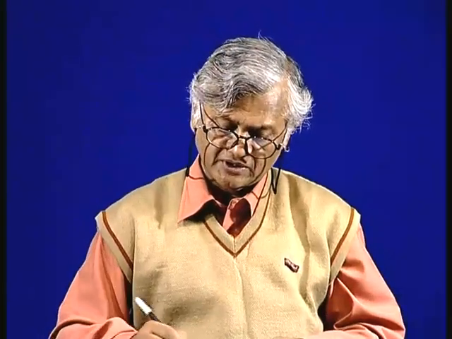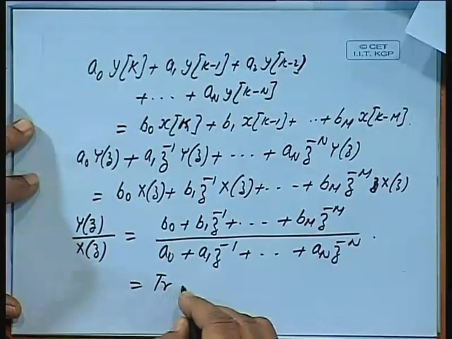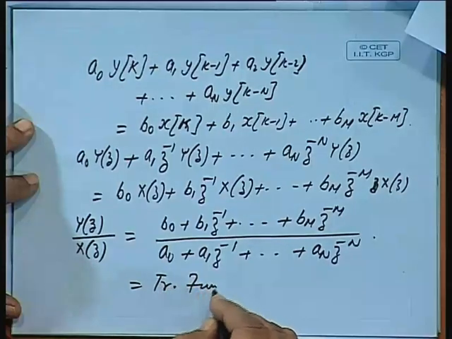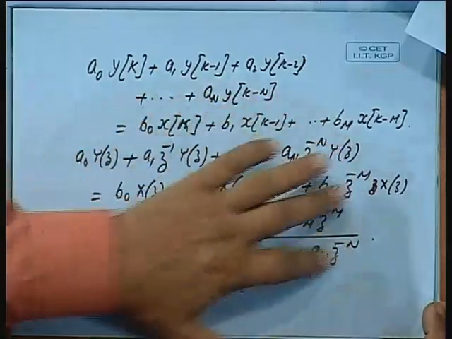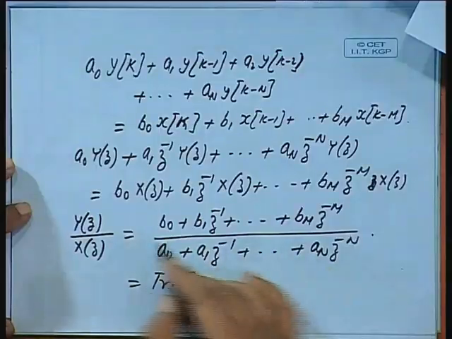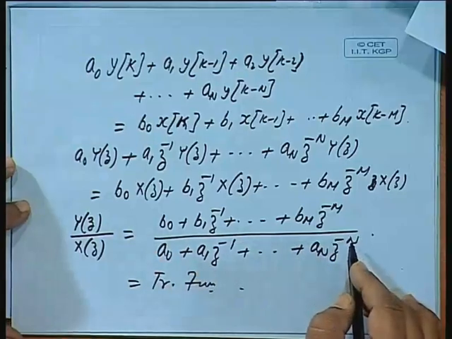As you have done in the continuous domain, where you take the Laplace transform and then take the ratio of the output by input, this is the transfer function in the discrete domain. Given a transfer function, we can find out its impulse response. Just take the z inverse of this, and you have seen for calculating z inverse there are 3 methods.